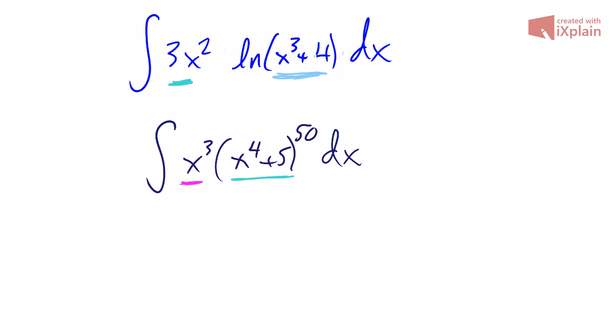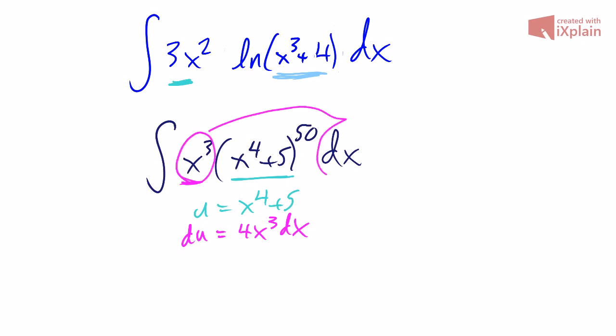Okay, so how I would do that, I'd say let u equal x to the 4th plus 5. And then that makes du equal to 4x cubed dx. Okay, now I don't have a 4x cubed dx, but I do have an x cubed dx. So I can solve this bottom equation for x cubed dx. That would be 1/4 du is equal to x cubed dx.